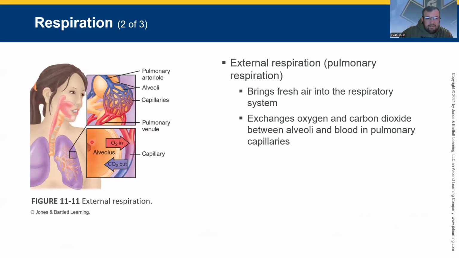Oxygen is then diffused into our capillary beds. It's crowded in here, so it goes from the area of higher concentration to the area of lower concentration. From there it goes back up to our heart in a cycle because it's been oxygenated.